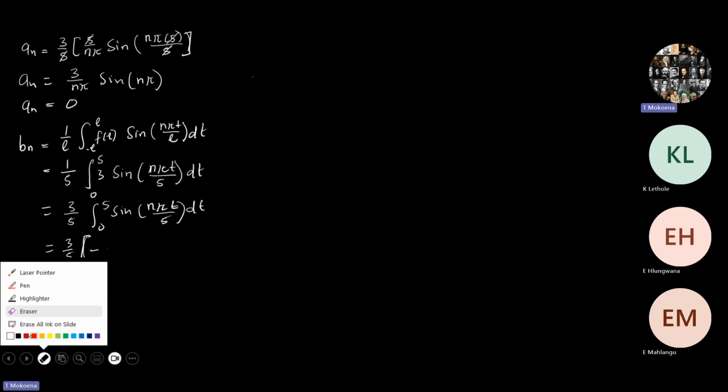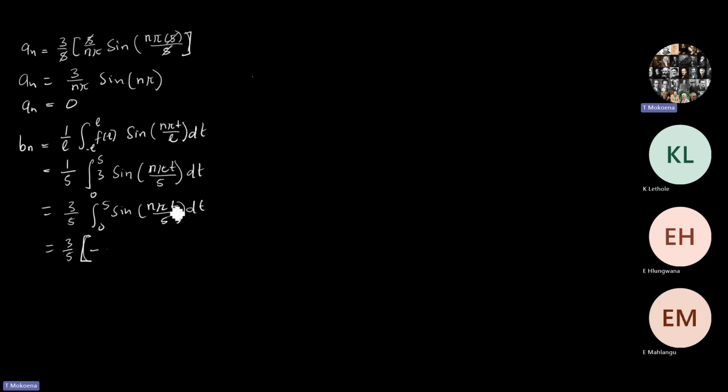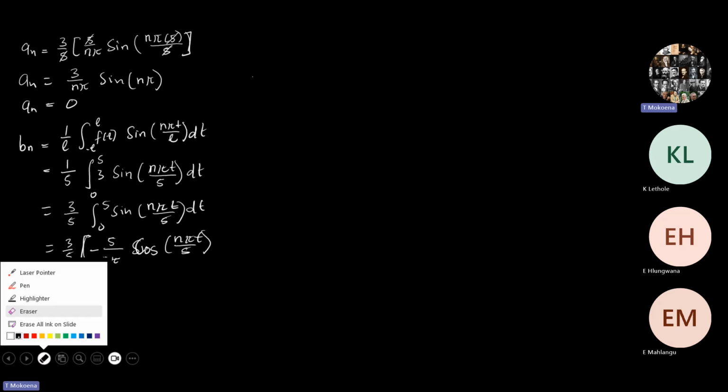So the integral is going to be, we take the reciprocal of the angle, which is 5 over n pi, multiplied by cos of n pi t divided by 5, close this. We no longer have dt there because we have already integrated.